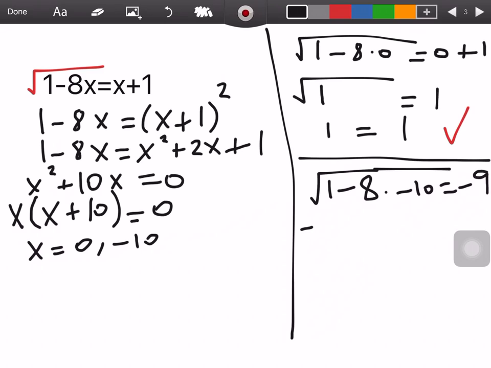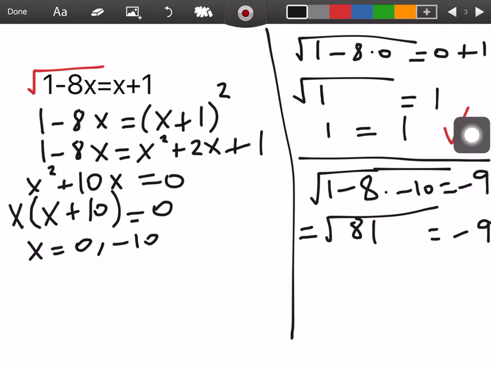And as a result, when you put all this together, 1 minus 8 times minus 10 will give you 81, and the square root of 81 is 9, which will be equal to minus 9. Okay, and as a result, 9 is not equal to minus 9, and this does not satisfy our equation. Therefore, minus 10 is an extraneous solution. So this part is extraneous, this part is our real solution.